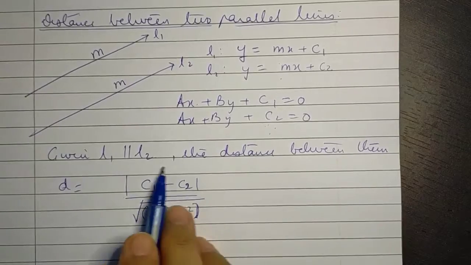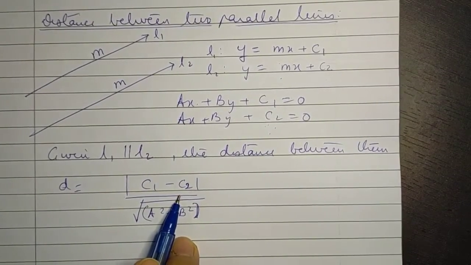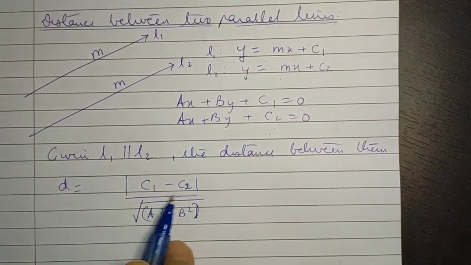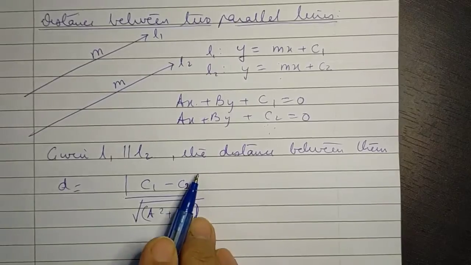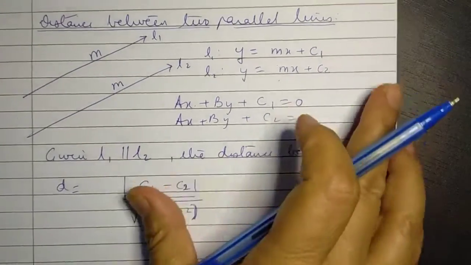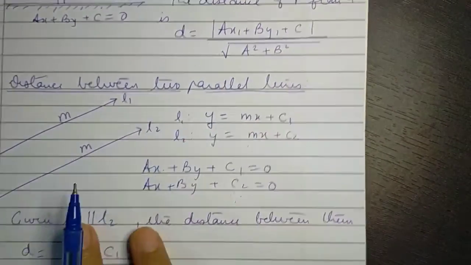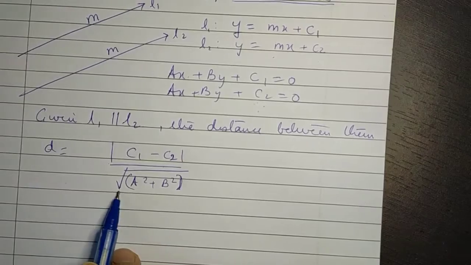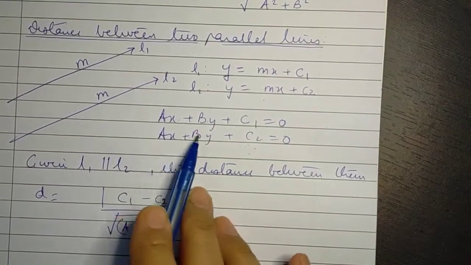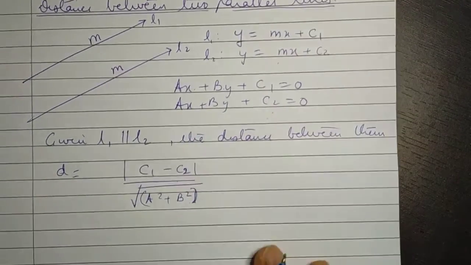We take modulus because, it being the distance, it can never be negative. So irrespective of which is bigger, c1 or c2, we simply write the difference of the two constants and take the modulus to make it positive. And in the denominator, as in the previous result, we have the square root of the sum of the squares of the coefficients of x and y in both the equations.